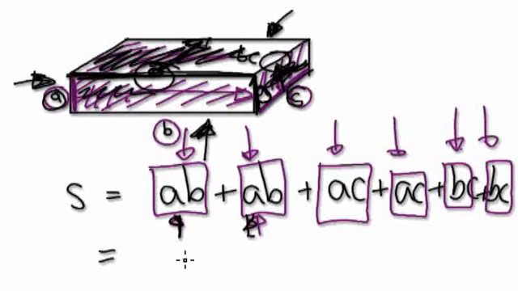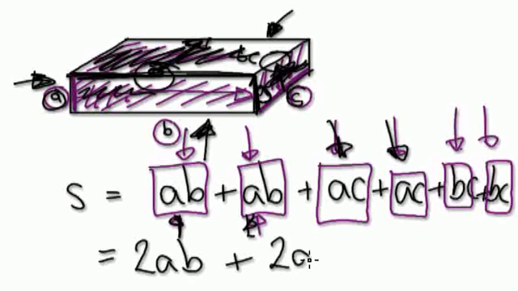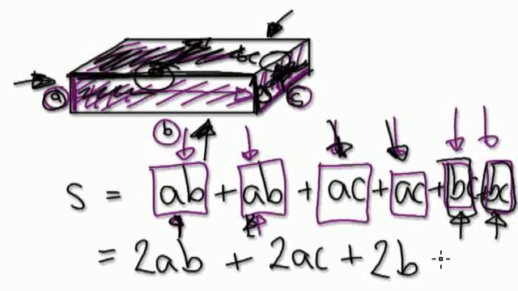Same entity, so you can merge them to become 2AB. And this is the same entity as this, so you can merge the two to get 2AC. And then plus BC and another BC, they're exact. It's like one apple plus another apple, so you have two BC. So the formula for the surface area of this cuboid is given by 2AB plus 2AC plus 2BC.